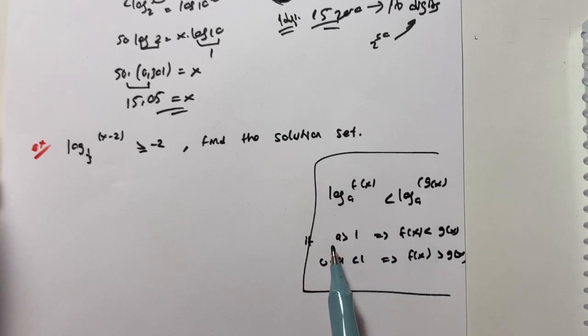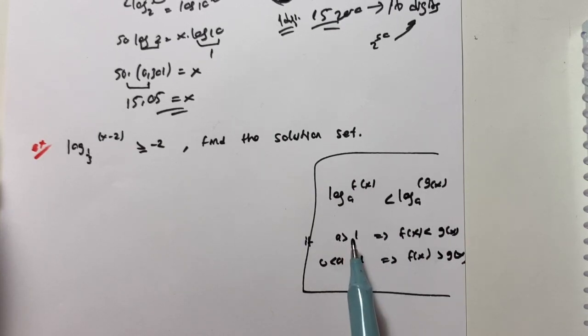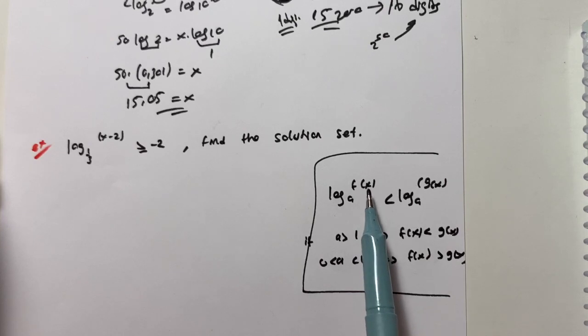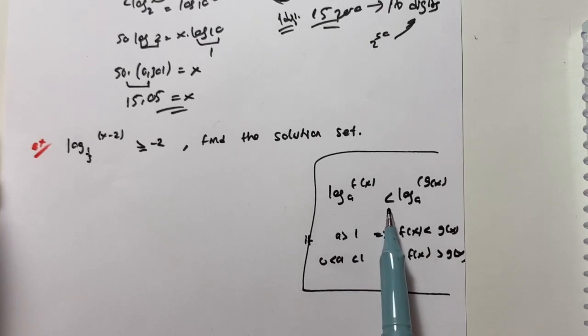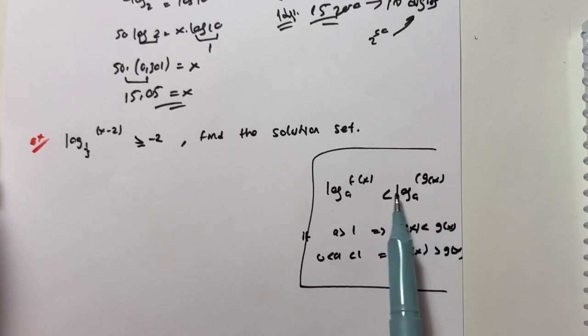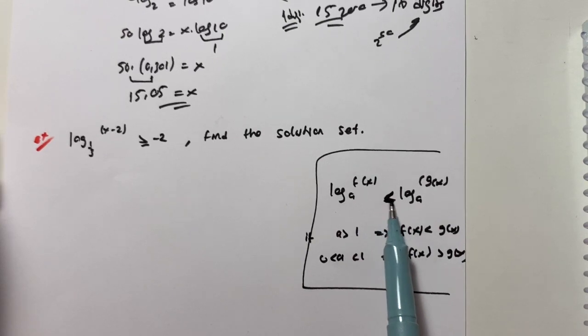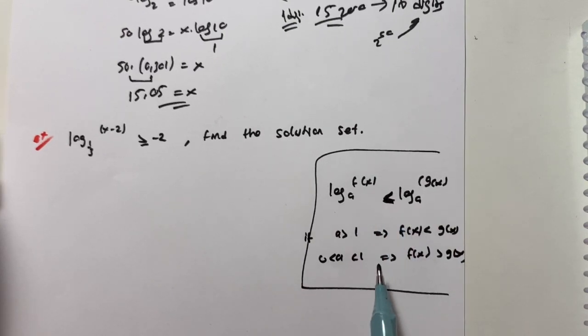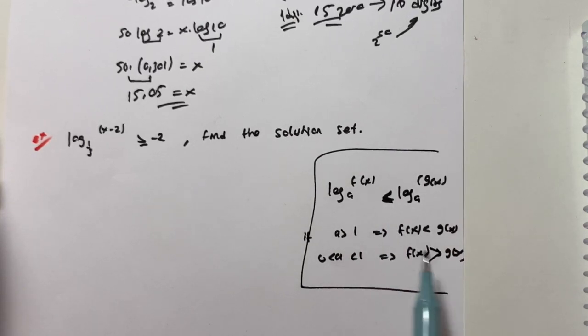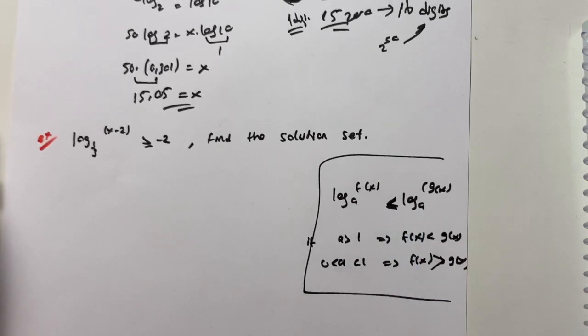Normally, since the base is greater than 1, f(x) must be less than g(x), the same with this sign. But since it's in between 0 and 1, it's opposite like this, and f(x) is greater than g(x).